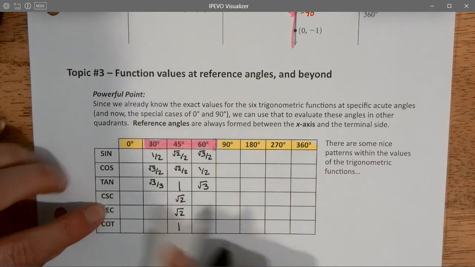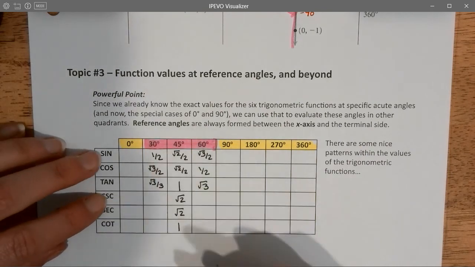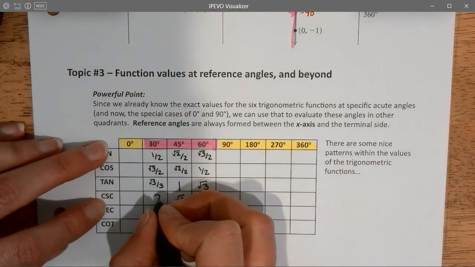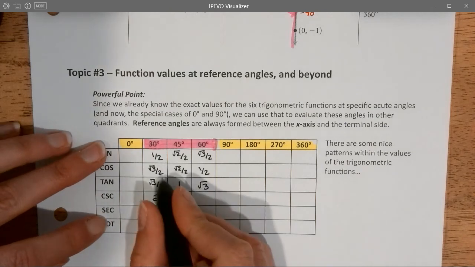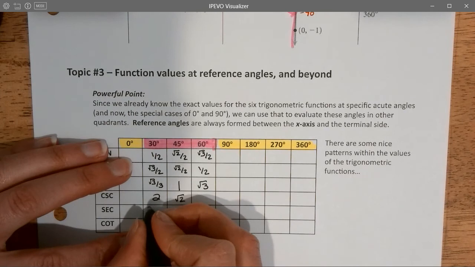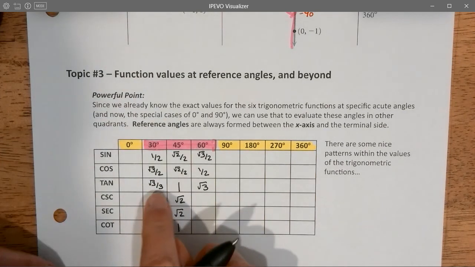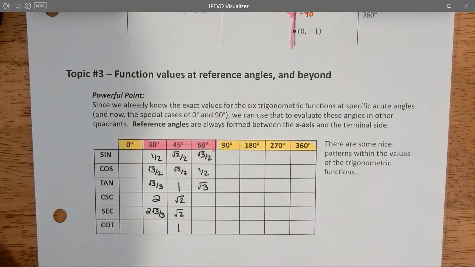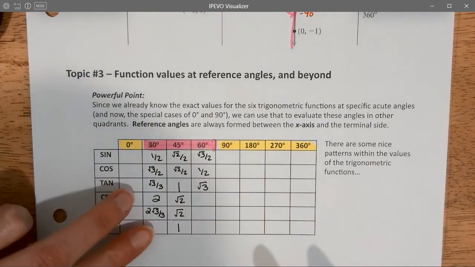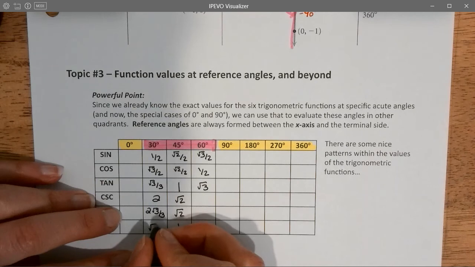the cosecant, that's the reciprocal of 1/2, so that's 2. The reciprocal of 2 over the square root of 3 is going to be 2 square root of 3 over 3. And then the reciprocal of square root of 3 over 3 is going to be square root of 3.